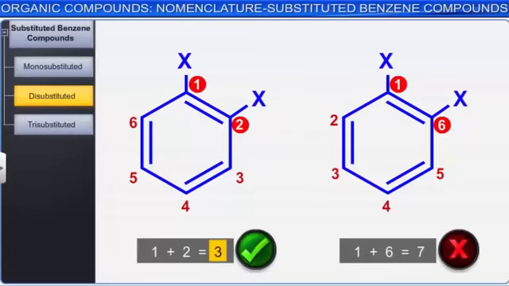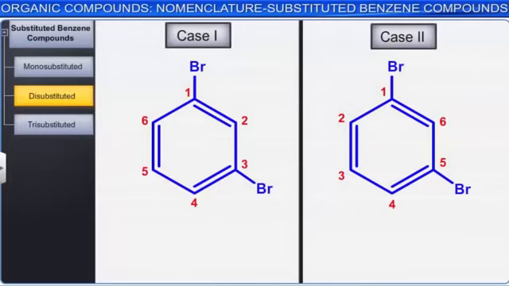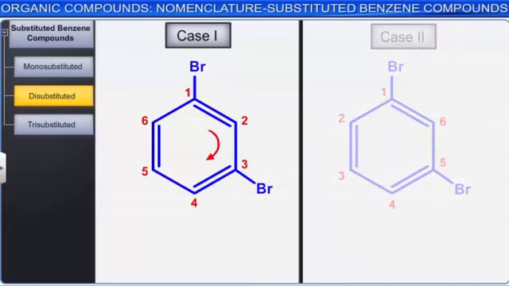This means that the substituents should be located at the lowest numbers possible. Let us understand this by considering the following two cases. In case 1, the carbon atoms are numbered in the clockwise direction. As a result, the two bromine atoms are present at the positions 1 and 3.